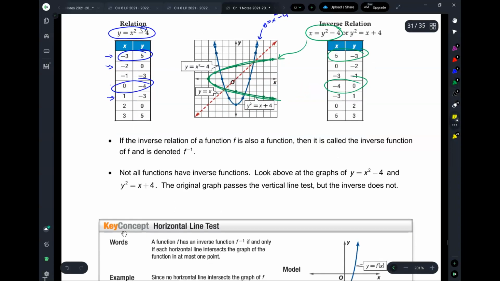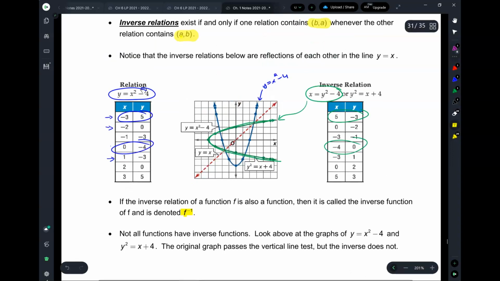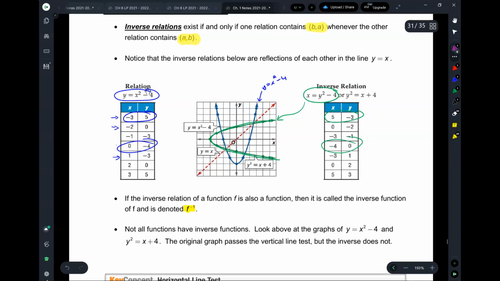If you have an inverse of a relation, this is the notation that we usually use, right? Now, when we're talking about functions, and we'll get to that in a little bit, if you have f of x, and suppose that has an inverse function, f inverse of x, the power of minus 1 means inverse. f of x has a domain and a range.